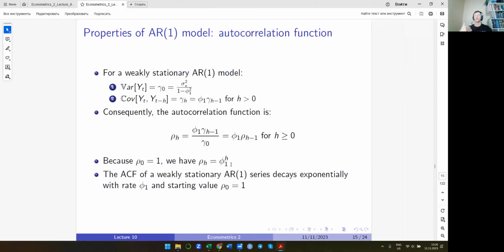So the autocorrelation function of a weakly stationary AR1 series decays exponentially with rate phi 1. It starts at rho 0 equals 1, and then it goes down.